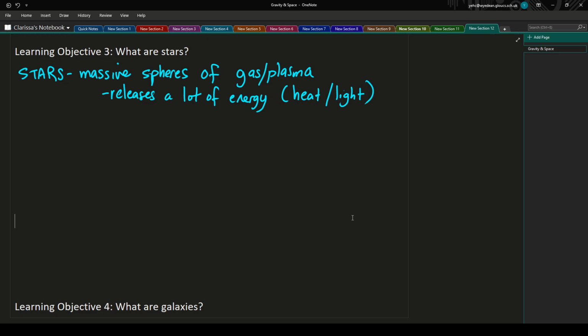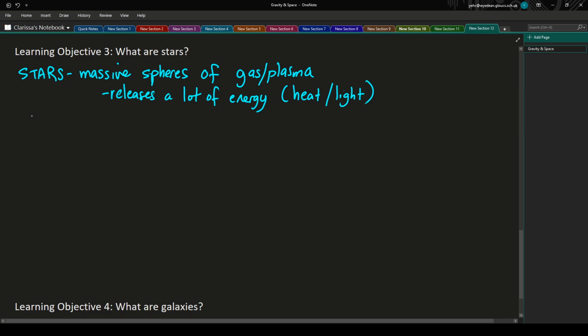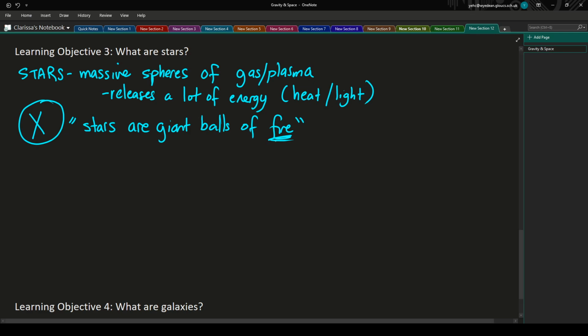Now, when we talk about stars, a common misconception a lot of students have, and I'm going to write this out and put a giant X around it: stars are giant balls of fire. So a lot of students make that mistake and describe stars as being made out of fire.